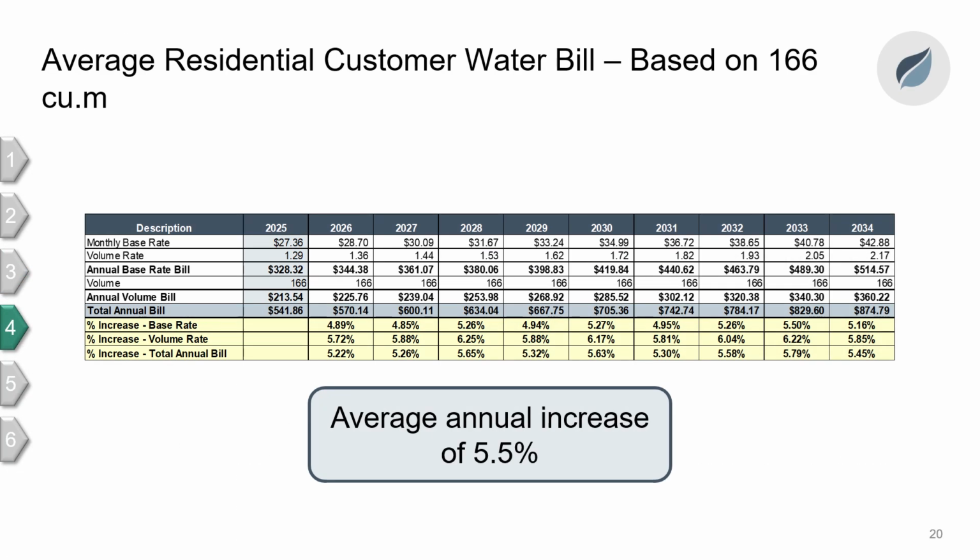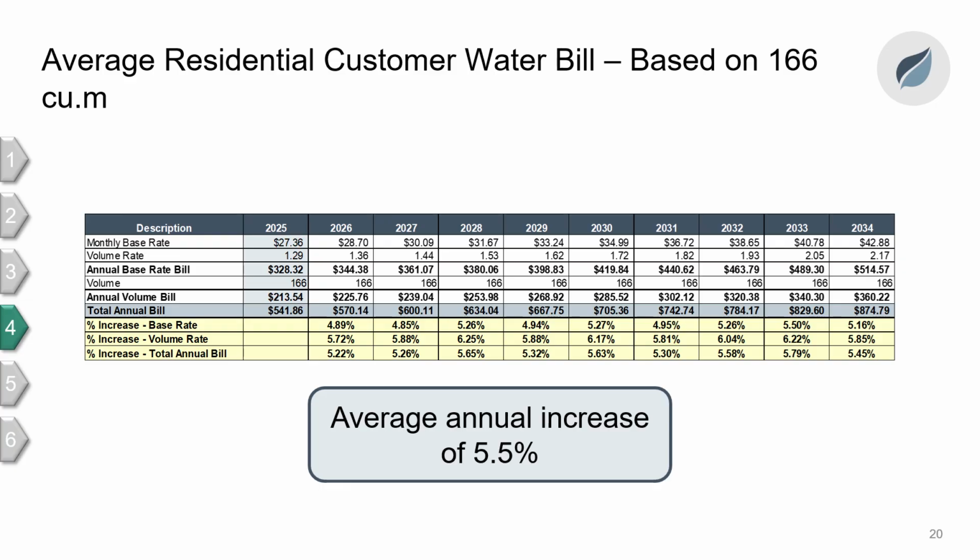And so with all that information put together, when we look at the water rates forecasted over the 10-year period, we're looking at, on the water bill, an average annual increase of about 5.5%. The base rate next year goes up 4.89%, and the volume rate 5.7%, for 5.2% for next year on the water bill.